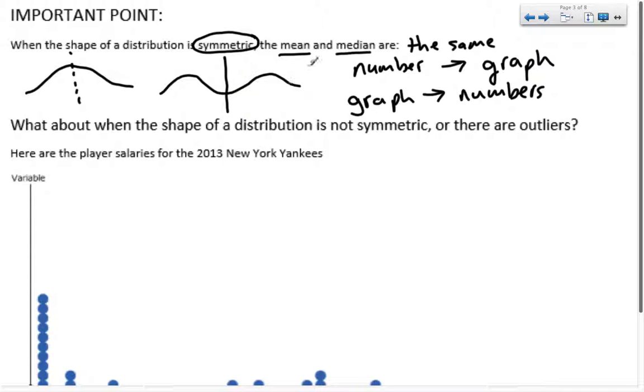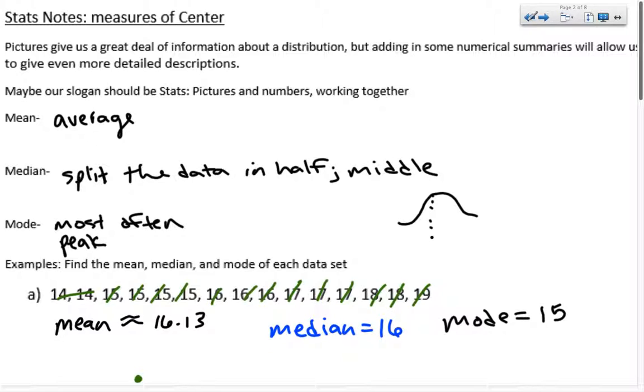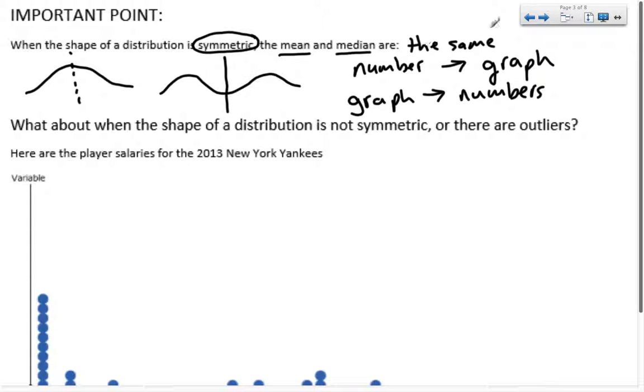But we're also going to be able to look at data like what we did over here, and anytime we see the mean and median be the exact same, then we know that the shape is going to look very symmetric like this as well. So we know just by looking at the numbers what the graph might look like, or looking at the graph what the numbers might be like.